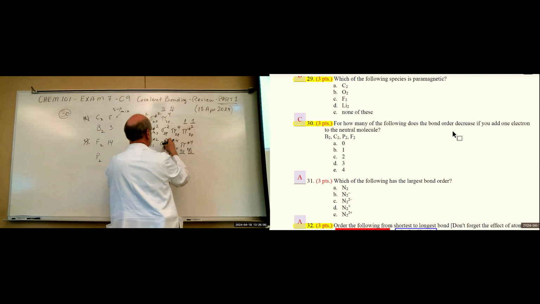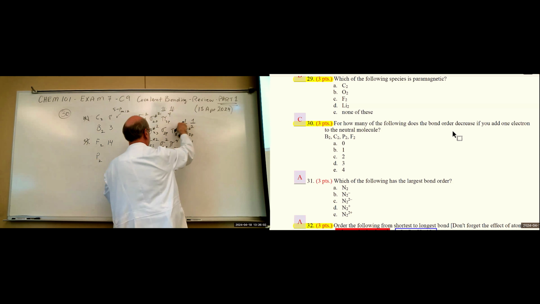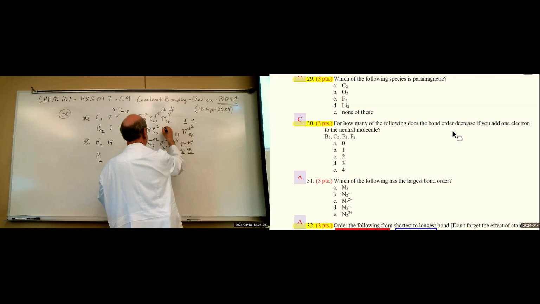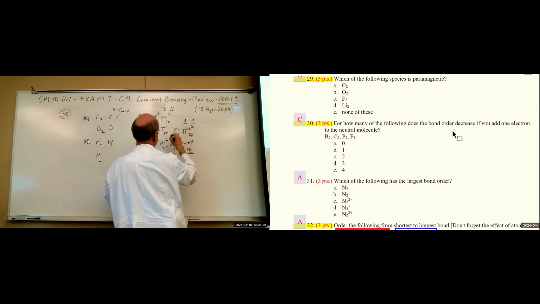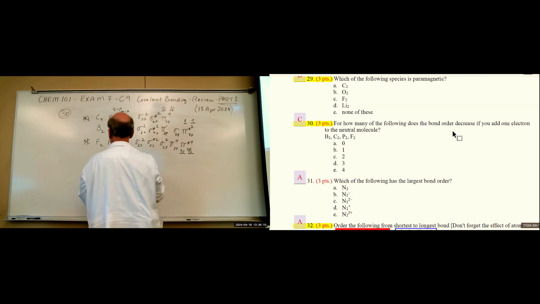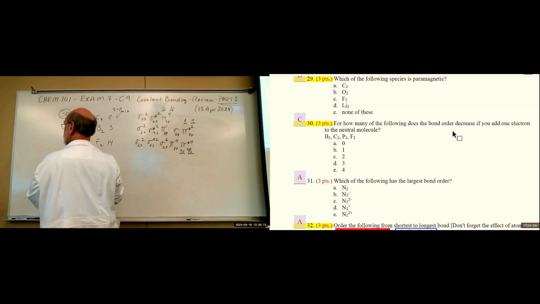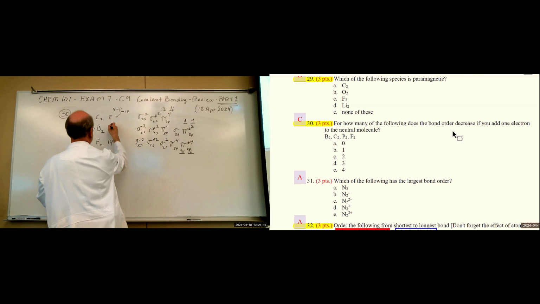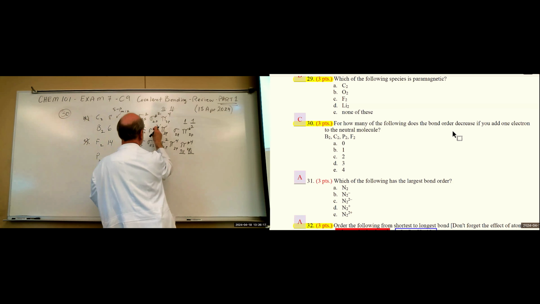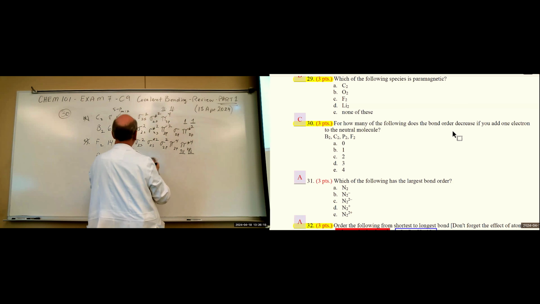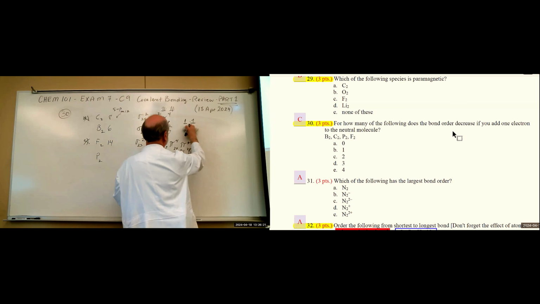So this needs to be a pi. This needs to be a sigma. With 3 times 2 is 6 electrons. 2, 4, 6. There we go. That's diboron. Right?